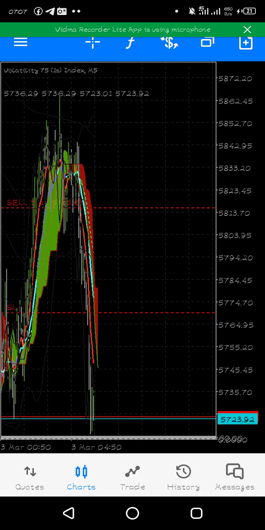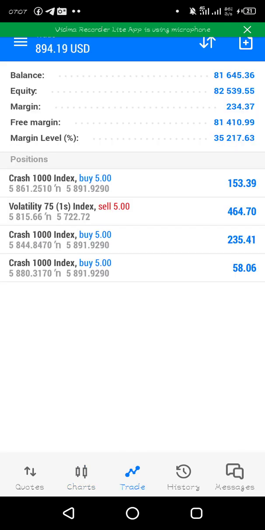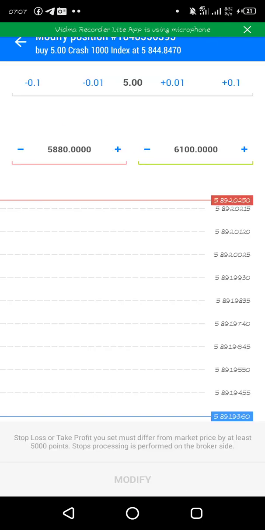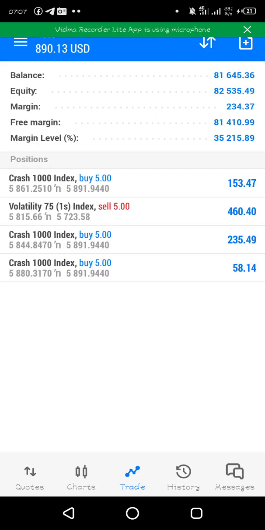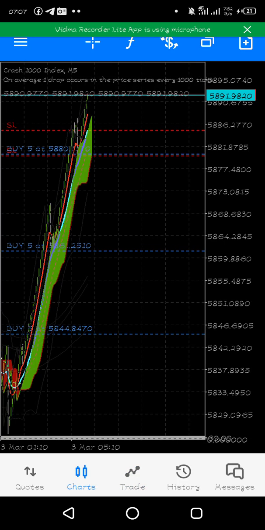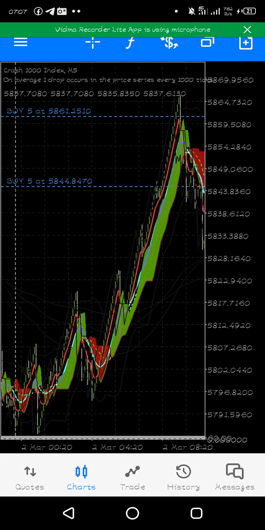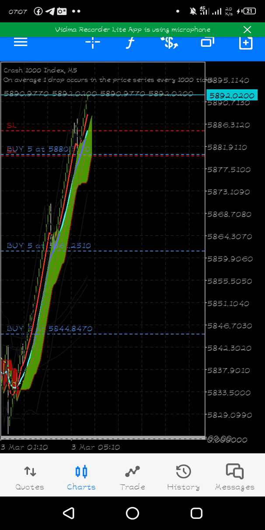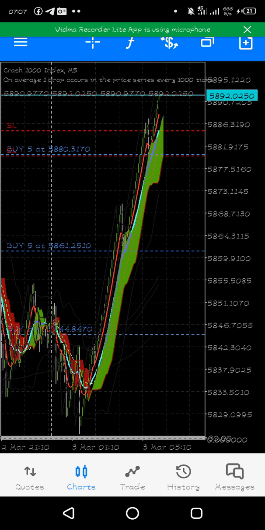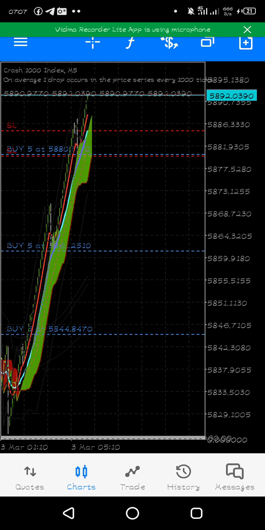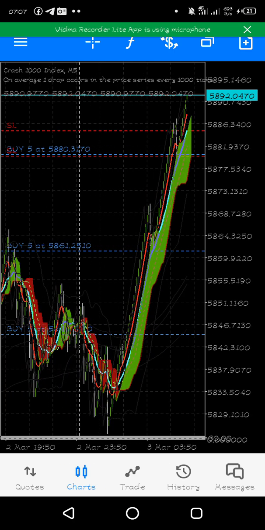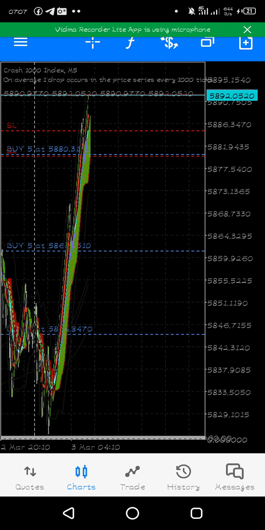Then also on the Boom and the Crash, I'm using it on the Crash now at the moment. So as you can see, my first entry came up here, second one came up here, the next one came up here. So how do I take these entries? That's the question.